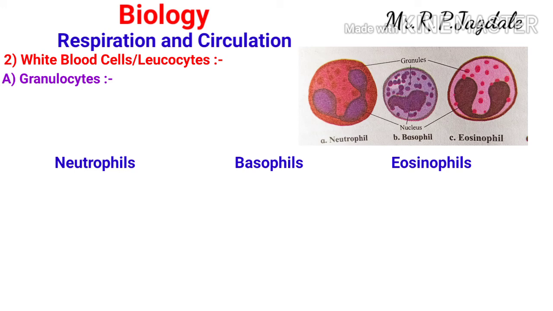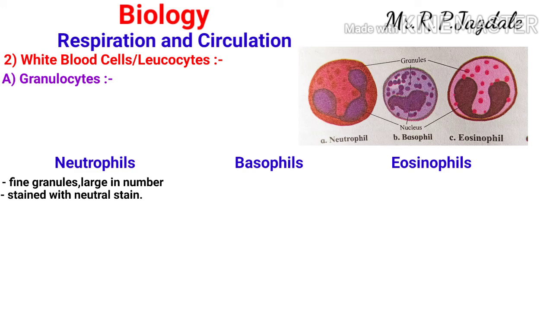First we will see the neutrophils. You can see in the structure, they are large in number, and there is a presence of fine granules in their cytoplasm. These neutrophils are stained with the neutral stain, that's why they are called neutrophils.